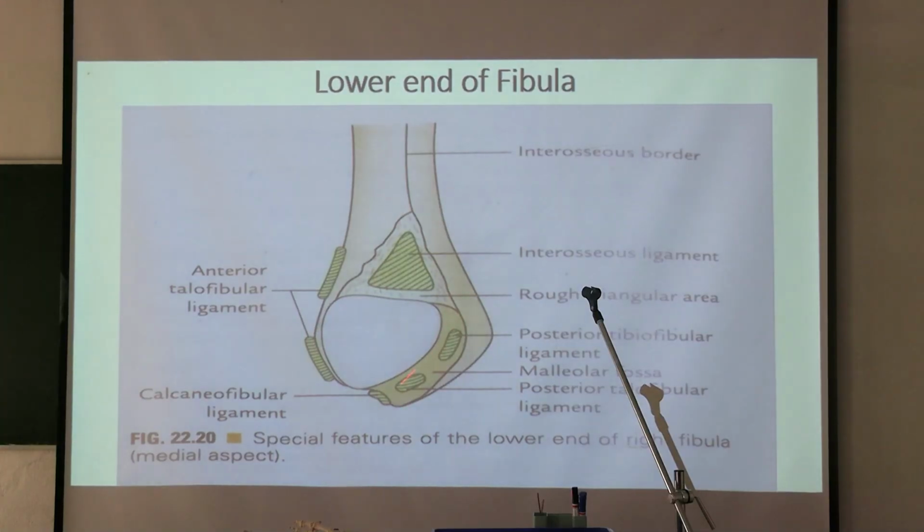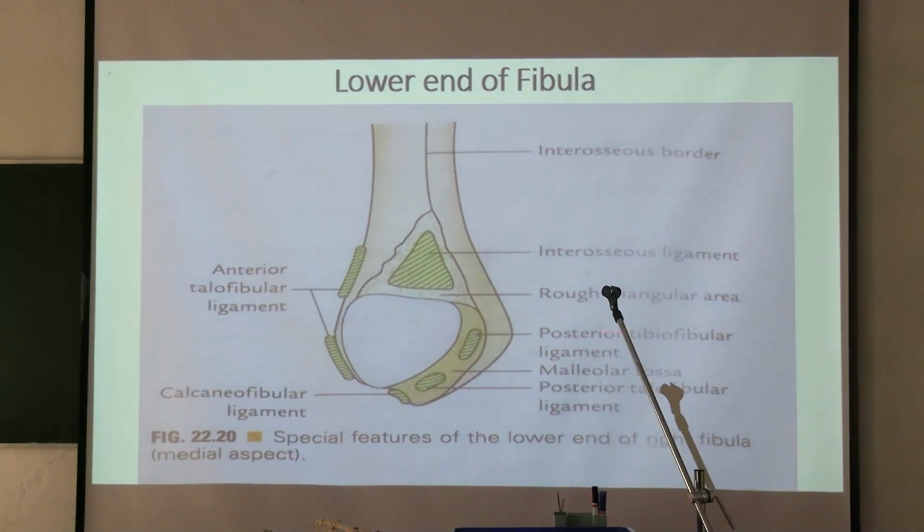This is the malleolar fossa. The upper part gives attachment to the posterior tibiofibular ligament, the lower part to the posterior talofibular ligament, and here the calcaneofibular ligament. And here is the attachment of the anterior talofibular ligament. Understood the attachments of the lower end.